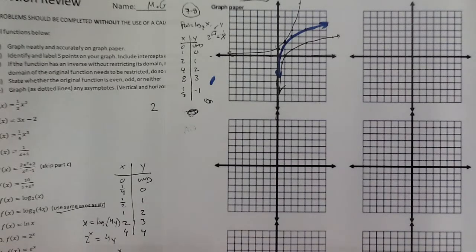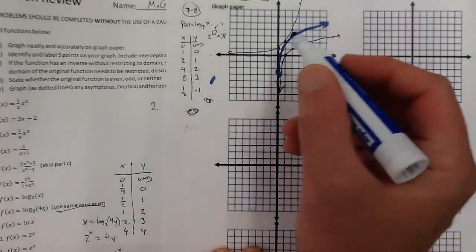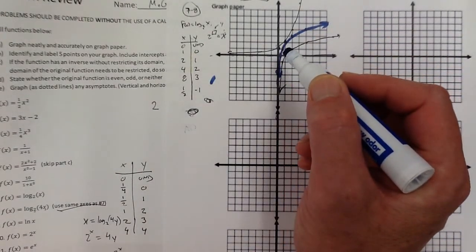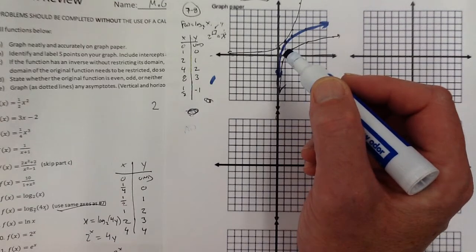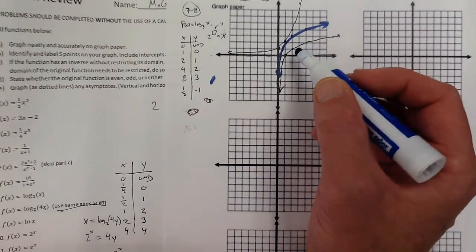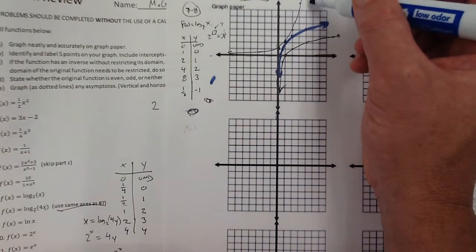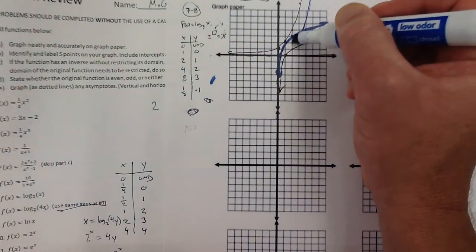Y equals 2 to the x minus 2. And if we see it in that way, maybe that helps us understand what's going on here. So if you have this x minus 2 here, that's like shifting a function over 2 units to the right.